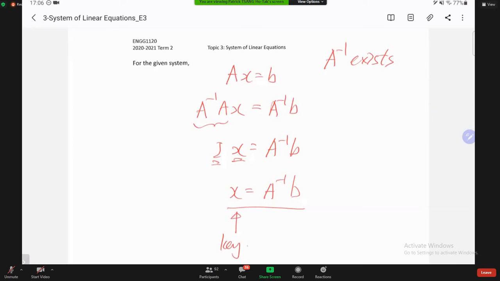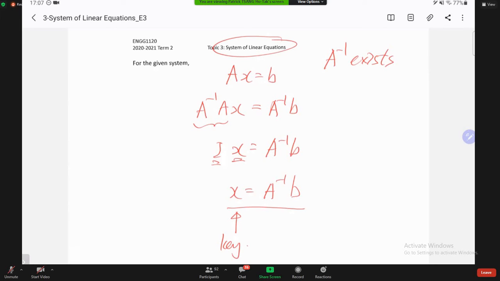We want to solve for the system of linear equations. That means we want to find the value of X, or the vector, or the matrix of X, or the corresponding entries inside the matrix X. So this is the central focus of this topic.